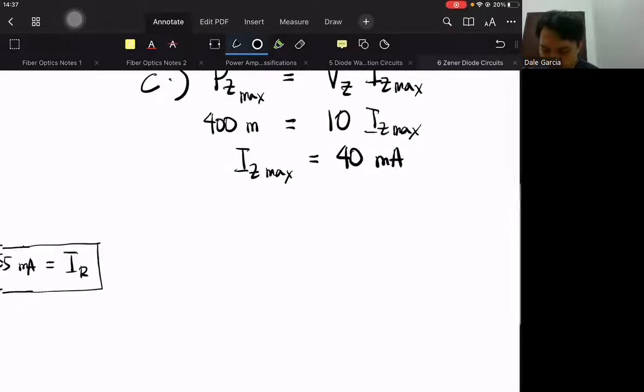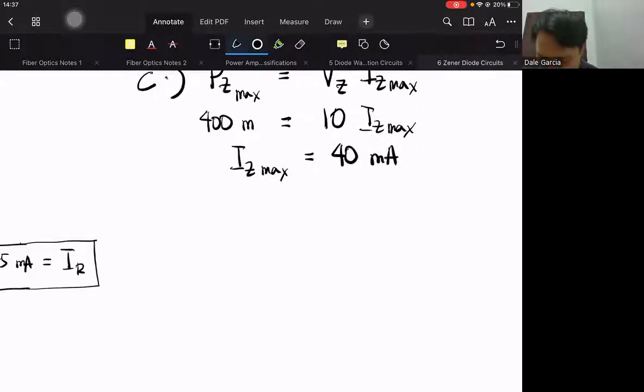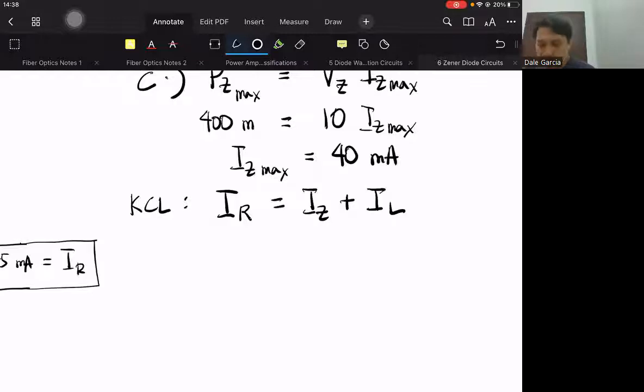Back to our KCL equation: IR is equal to IZ plus IL.